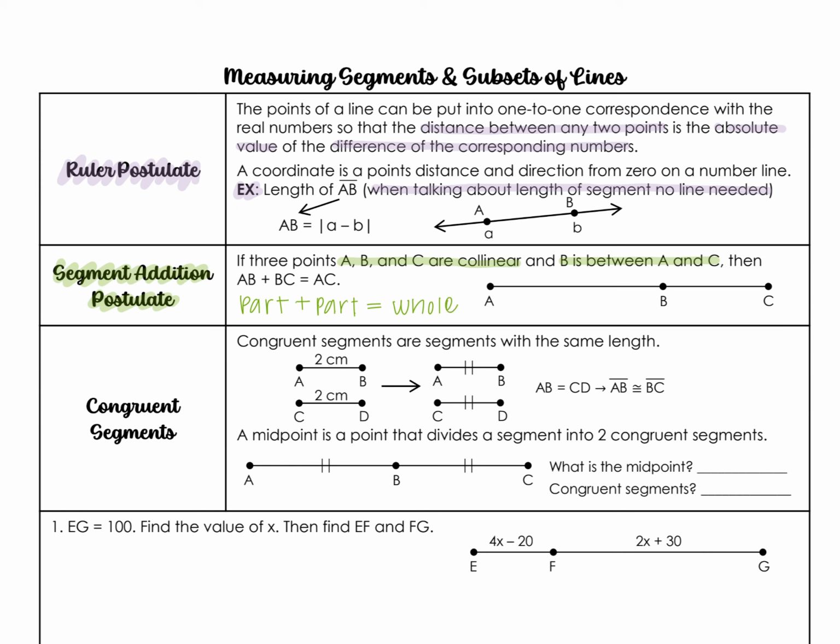Looking at what they have, they're asking us to determine what the midpoint is. The point that's in the middle would be that point B. And then we have just naming our congruent segments. So AB would be congruent to BC.